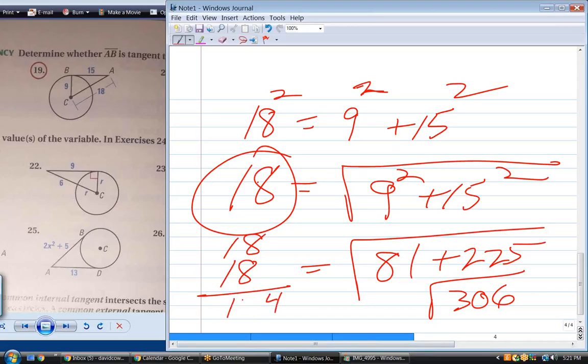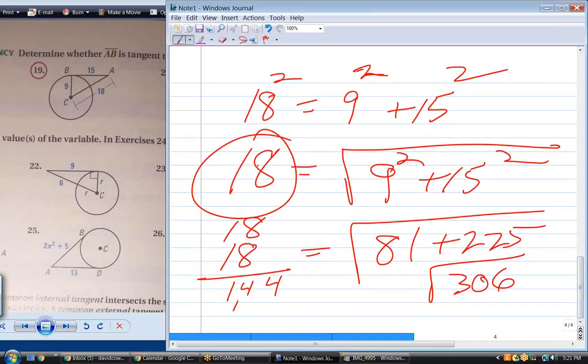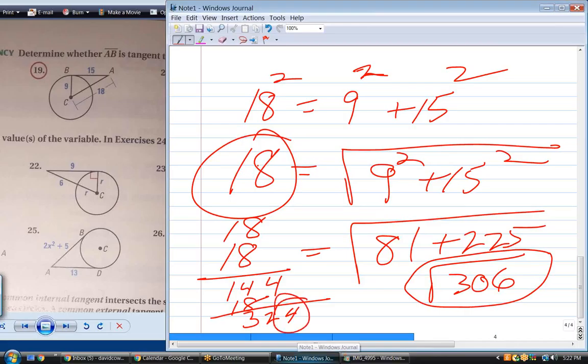So the last digit has to be a 4. In other words, the square root of 324 is 18. So the moment that I'm looking at the square root of 306, I know that that cannot be 18 because the last digit has to be a 4.